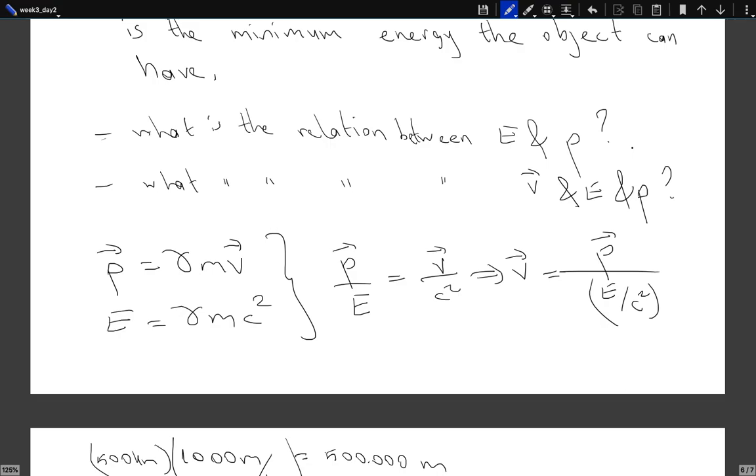In fact, if you use E over c squared as the photon mass, you get almost correct results for how much the beam bends as it goes around close to the sun. You will be missing just a couple of factors, like 2.